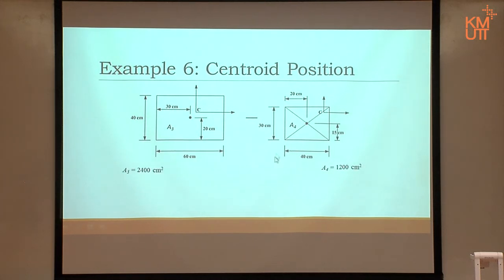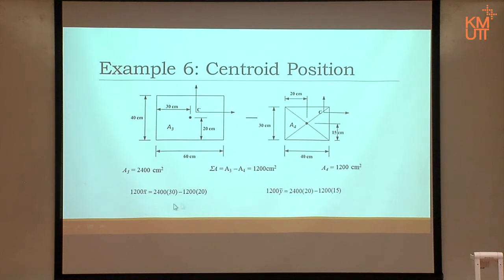A3 we calculated before, A4 is a simple calculation, so I'm not repeating myself. The centroid here is 20, this one here is 30. Correct? The centroid of the area. From here to here 15, from here to here 20. Notice I still set the measurement from the same axis. That axis will be on the left and on the bottom of the whole picture, not the sub picture.